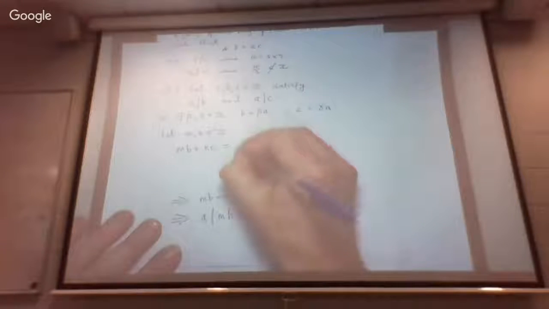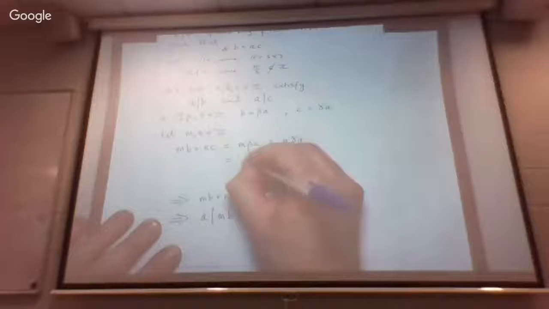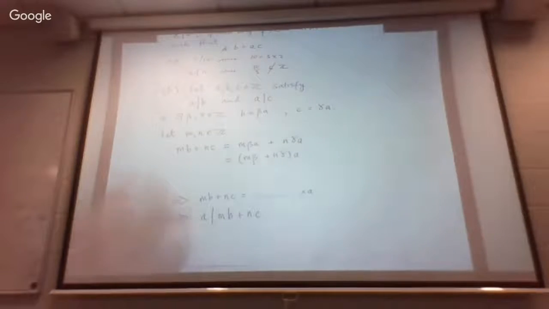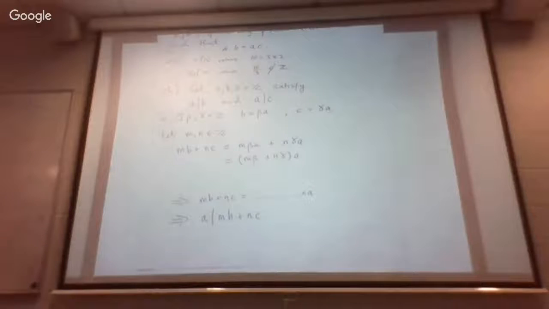Use your assumptions. This is M beta A plus N gamma A, and of course you can factorize that. Just basic arithmetic. So yeah, we have indeed filled this gap.